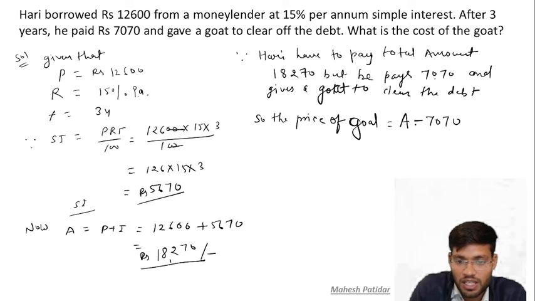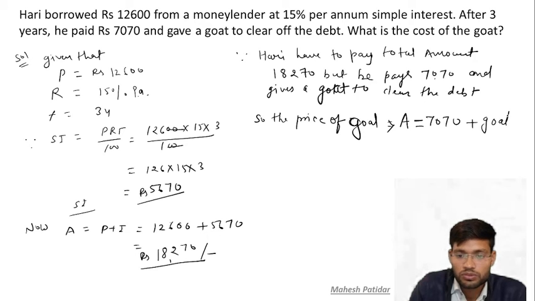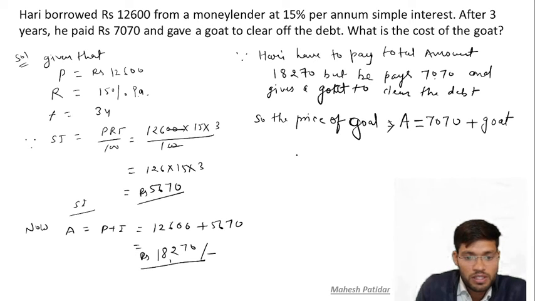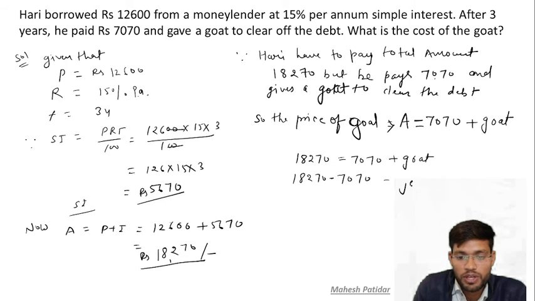Or we can say the total amount 18,270 is equal to 7070 plus price of goat. So when we deduct 18,270 minus 7070 is equal to the price of goat.